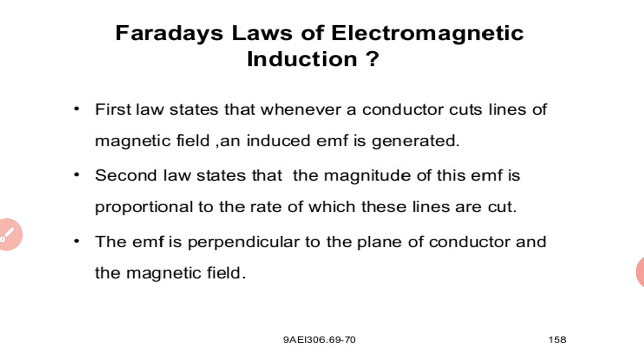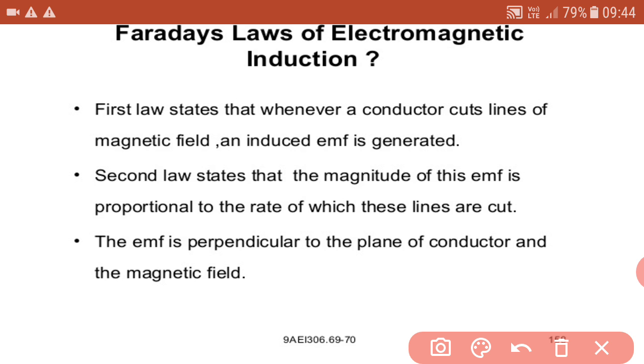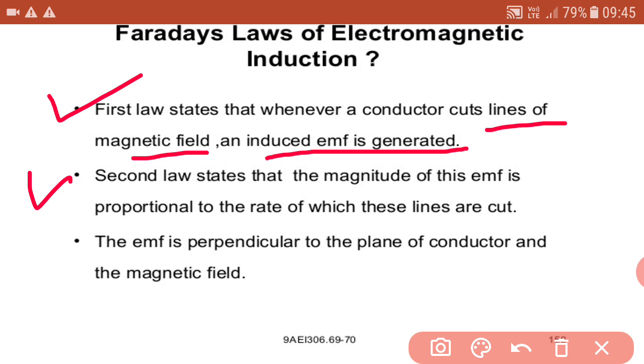Now, what are Faraday's laws of electromagnetic induction? The first law states that whenever a conductor cuts lines of magnetic field, an induced EMF is generated. And the second law states that the magnitude of this EMF is proportional to the rate at which these lines are cut.